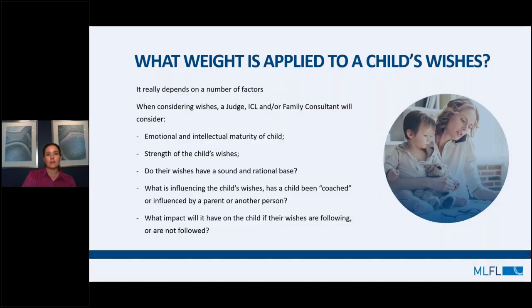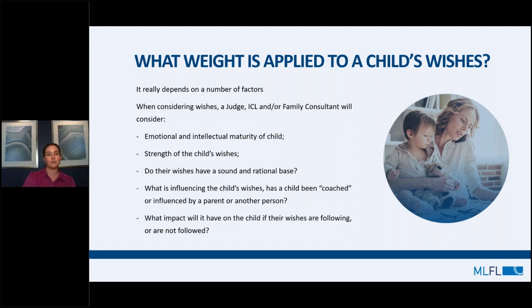So, as I said, the weight to be attached to a child's wishes depends on their age, maturity, and understanding. It is just one of those Section 60CC factors, and the court will consider how strong that wish is, whether there's a rational basis for them having that, or whether it's being influenced or coached by a parent or some other person. Also, what impact will it have on the child if their wishes are followed or if they're not followed?